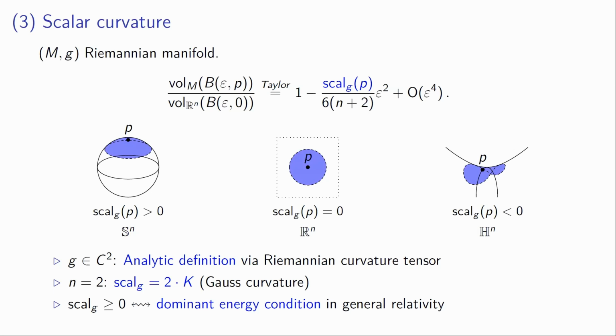So this is a function which depends on epsilon. You can write down an expansion. The leading term is 1, and the next term is of order 2 in epsilon. And this actually defines the scalar curvature up to a coefficient minus 1 over 6(n+2), which is just a convention. And then we have higher order terms. So the scalar curvature measures the asymptotic volume growth of balls in Riemannian manifolds for radii tending to 0.